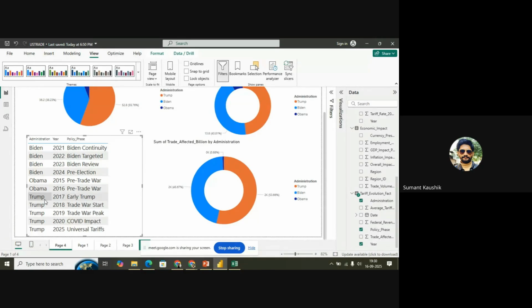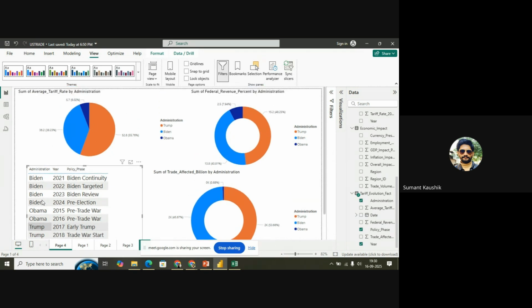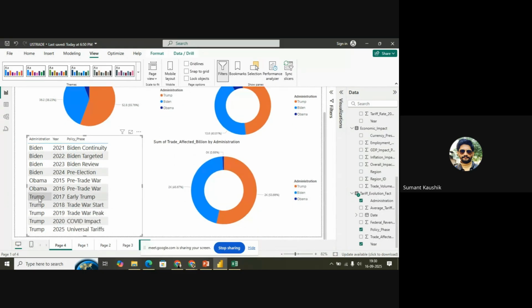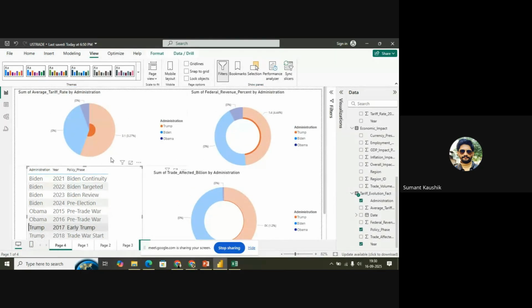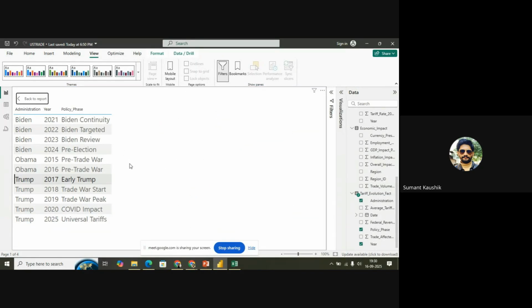In November 2016 they had the election, and in 2017 that was the initial term of Trump. At that moment, we can see how much the average tariff was, how much the federal revenue, and how much trade was affected by this administration. This was the Trump 2017 policy phase, the early term period.